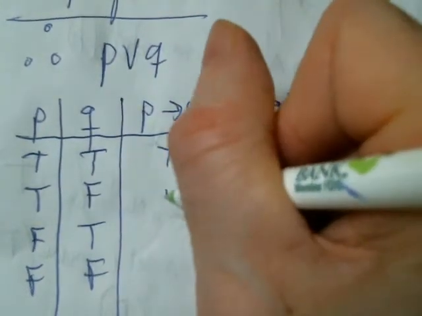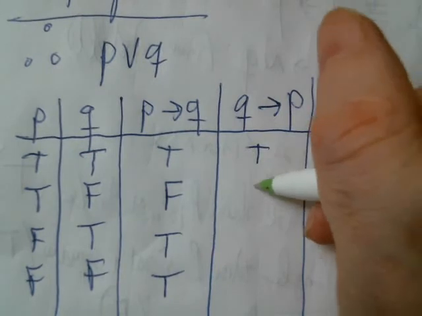So this will be true, false, true, true. This will be true, true, false, true.